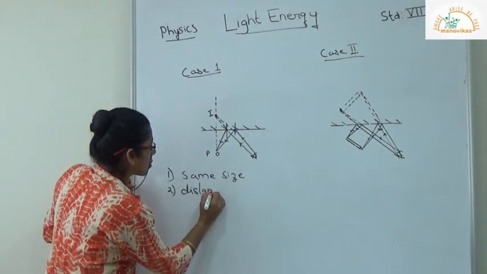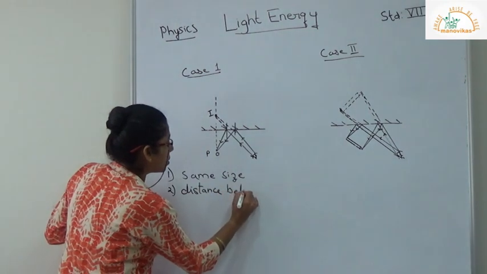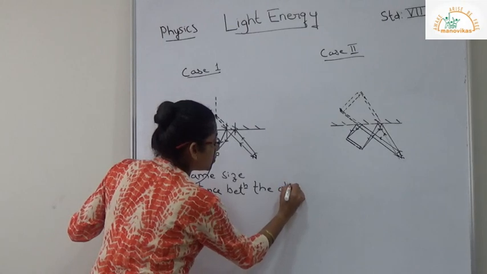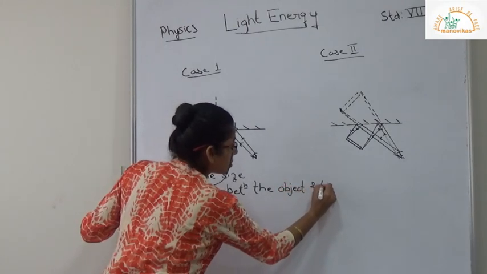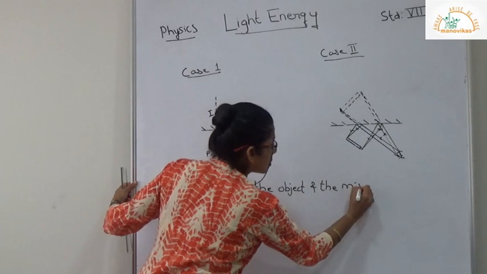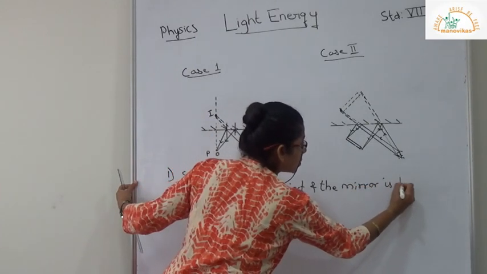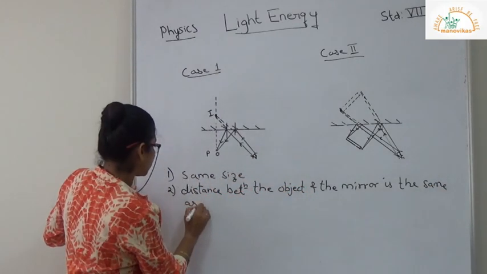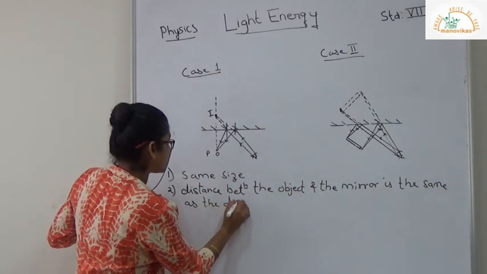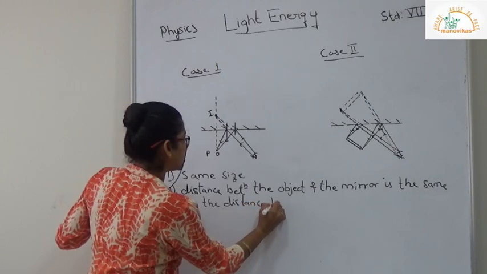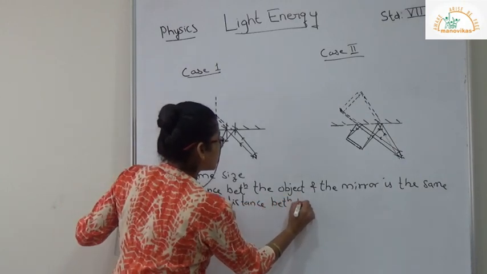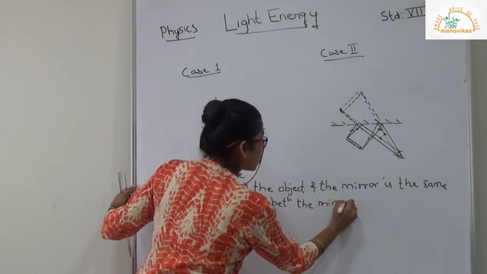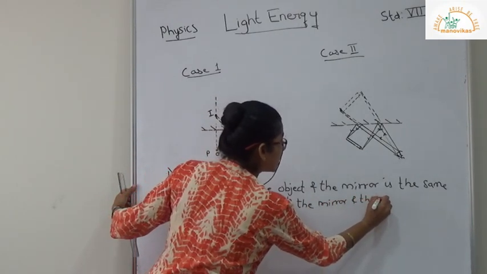Distance between the object and the mirror is the same as the distance between the mirror and the image.